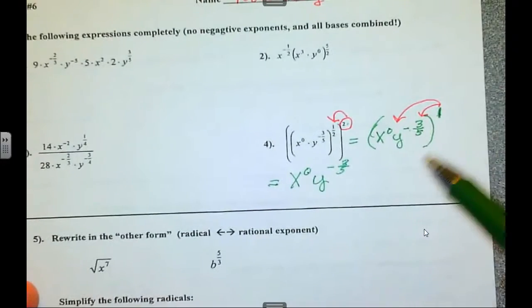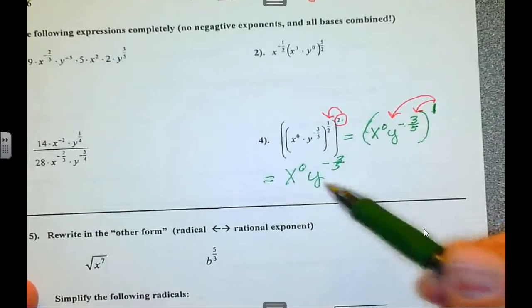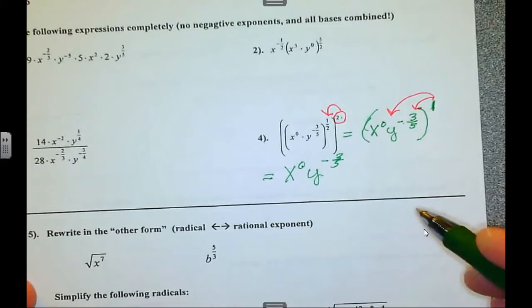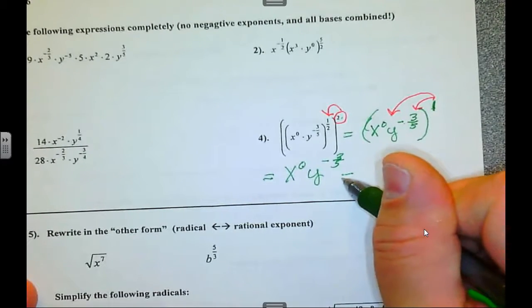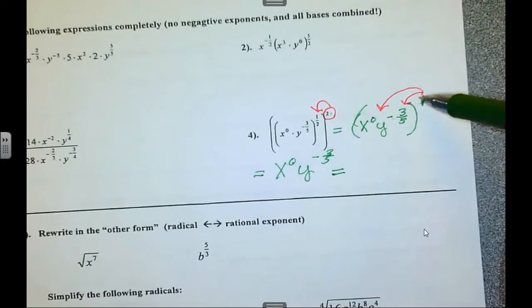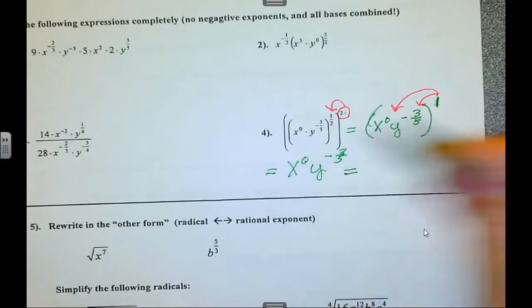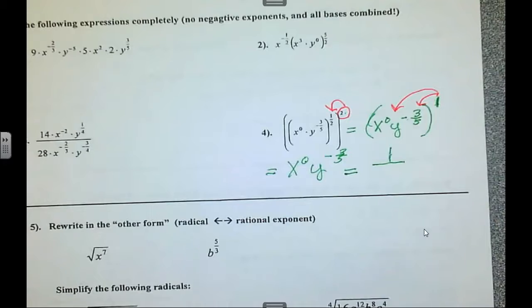You guys are still doing this. There are still a couple of students leaving negative exponents in their answer. I can't give you full credit for that. Sabrina. Two times 1/2 is 1. Yep. X to the 0 is 1. Anything raised to the 0 is 1.